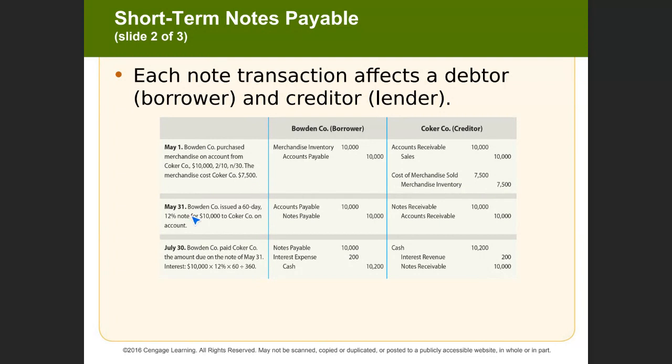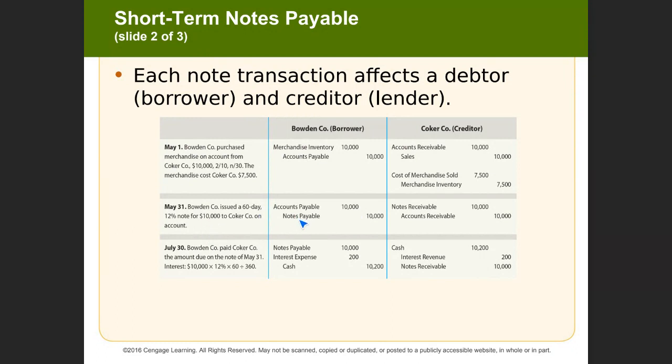On May 31st, Bowden Company issued a 60-day 12% note for $10,000 to Coker Company on account. So Bowden Company, the borrower, is going to debit their accounts payable for the full $10,000, the amount of the note.